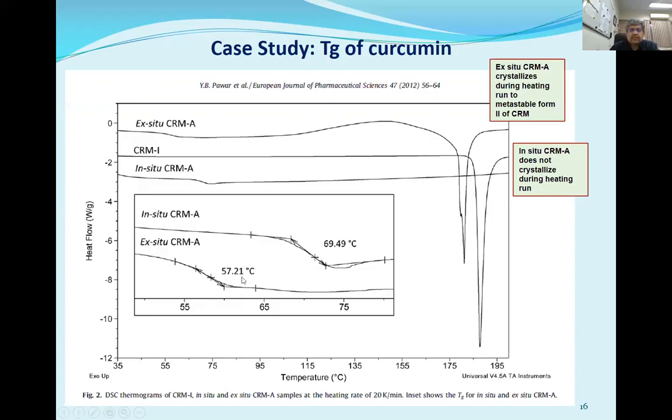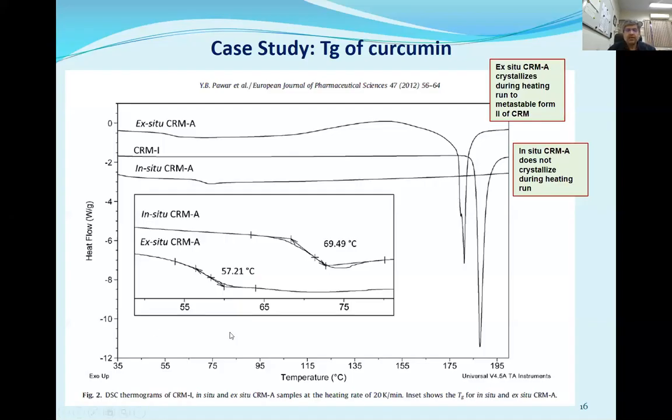This is basically because when you prepare the amorphous form XC2, some moisture from the atmosphere gets incorporated into the sample, and the glass transition temperature of water is very, very low. It is somewhere around minus 137 degrees Celsius.